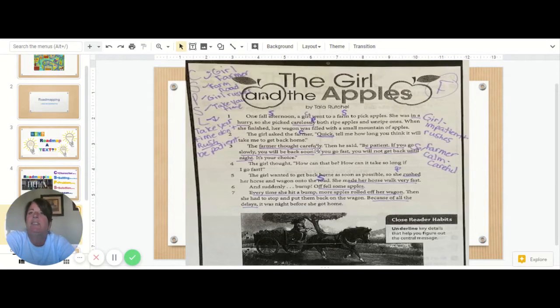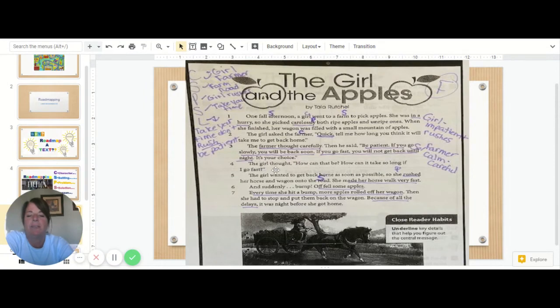Be patient. If you go slowly, you'll be back soon. If you go fast, you'll not get back until night. It's your choice. The girl thought, how can that be? How can it take so long if I go fast? Which kind of makes sense to me because you would think if you go fast, you're going to get there faster. If you go slow, it's going to take you a lot longer.